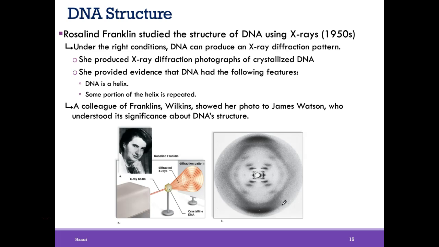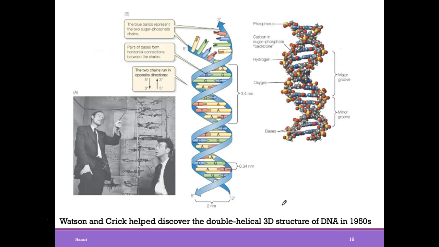And a colleague of hers called Wilkins showed her photograph to James Watson, who understood its significance about DNA structure. And taken together, Watson and Crick, who are both, Watson was American, Crick was English, worked together and solved the mystery using Chargaff's rule and Franklin's X-ray diffraction pattern.